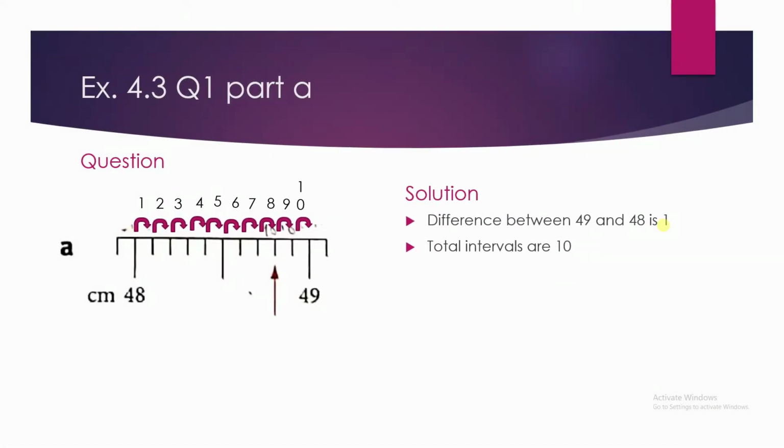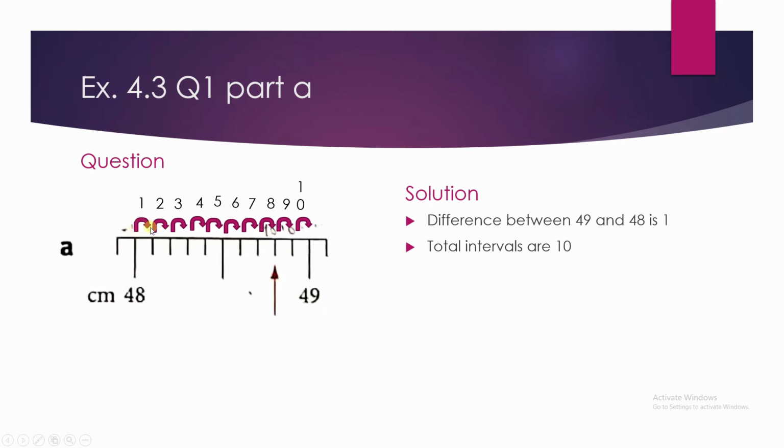Now the next step is you have to find the total intervals. How many total intervals are in between 48 and 49 centimeter? So the question is, what is an interval? An interval is basically the distance from one point to another point.